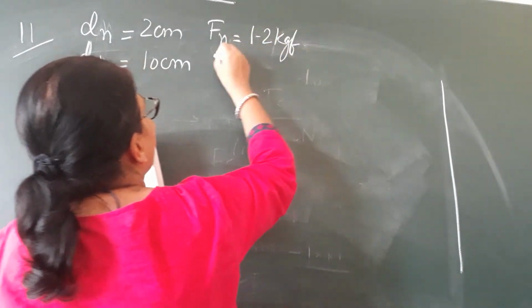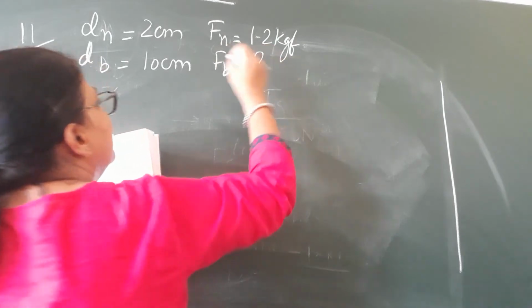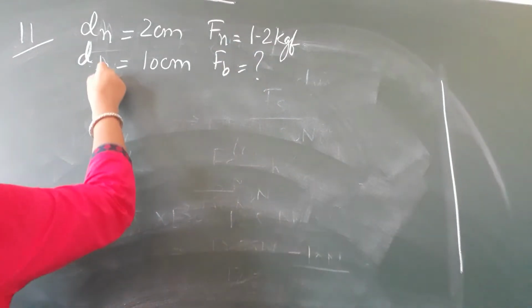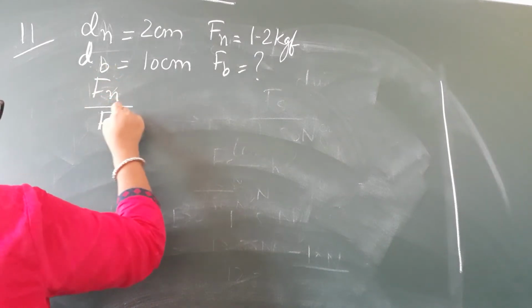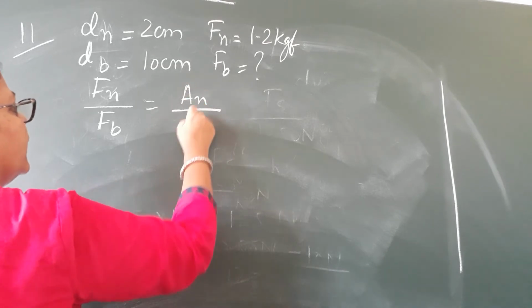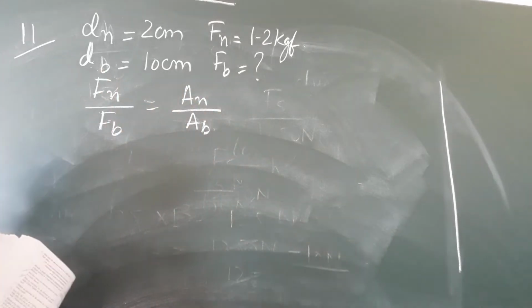You are supposed to find out the force at the bottom. So here again principle of hydraulic machines. So what we will do, we will say force on neck upon force of bottom is equal to area of neck upon area of bottom. Principle of hydraulic machines.